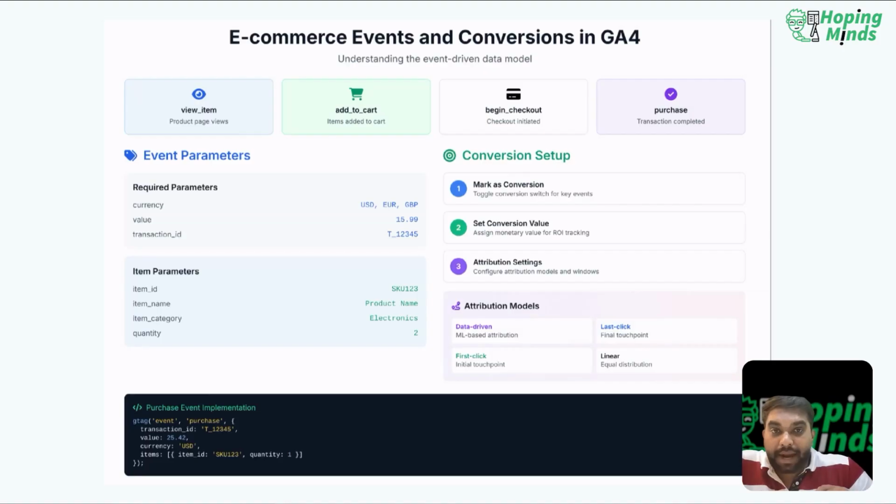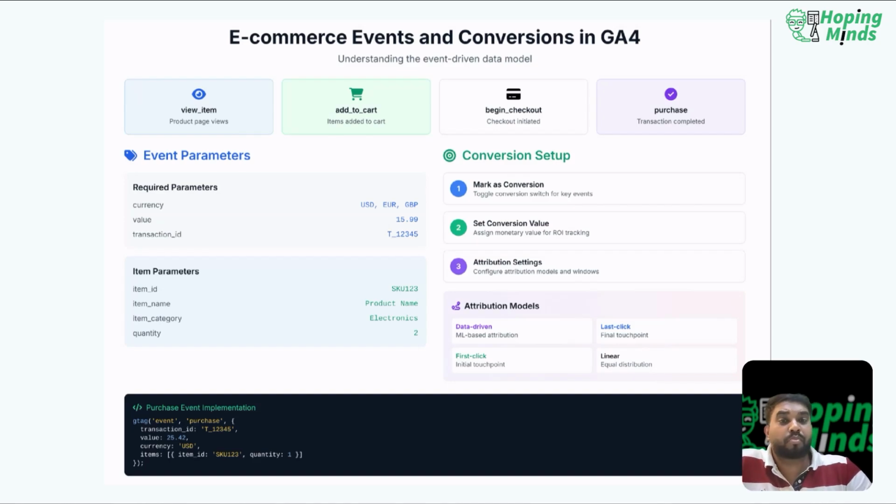Then if they click add to cart, that's a much stronger signal. They're not just browsing now, they're considering buying. So next is begin checkout, which is when they actually start the purchase process, followed by purchase, which is the final confirmation.